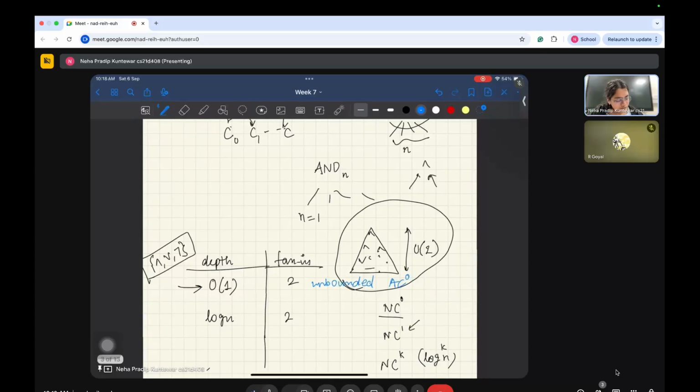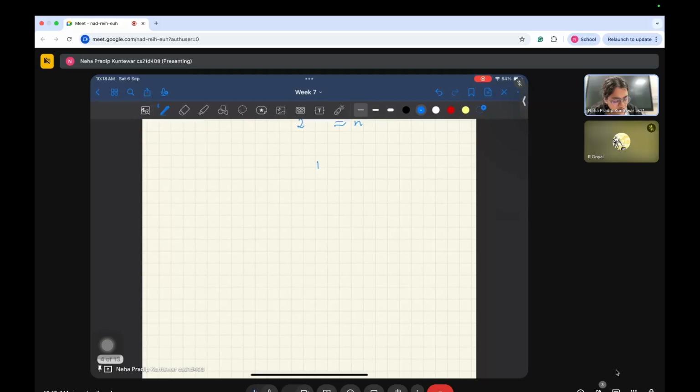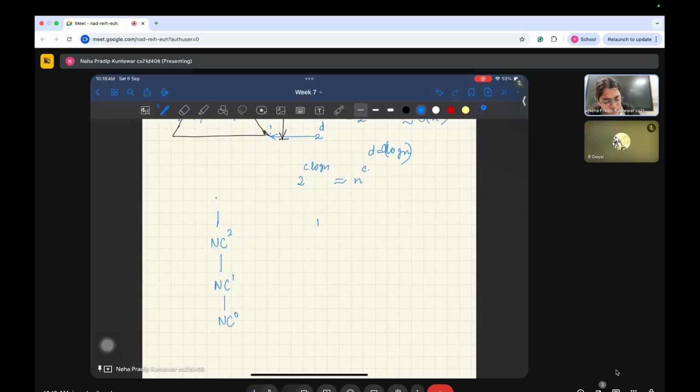Similarly, we can define unbounded fan-in but logarithmic depth to be AC1, and so on. So we get a whole hierarchy of classes.